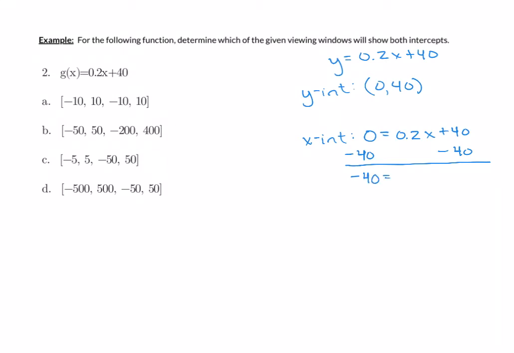We get negative 40 equals 0.2x. And if we divide by 0.2, I get negative 200. So my x-intercept is negative 200, 0.